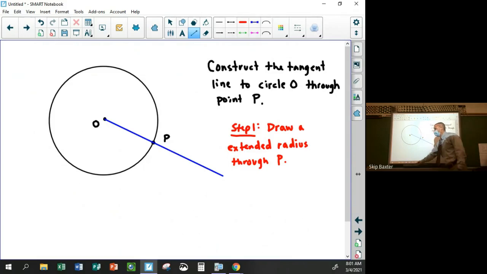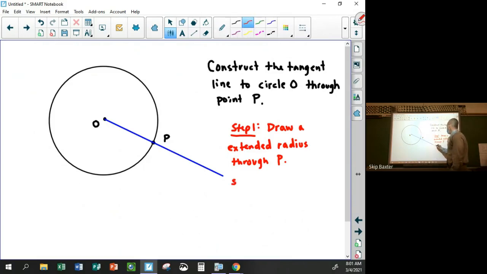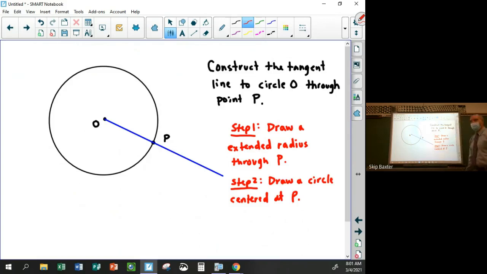Okay, so step two is to draw a circle centered at P. It could be any size circle you want.